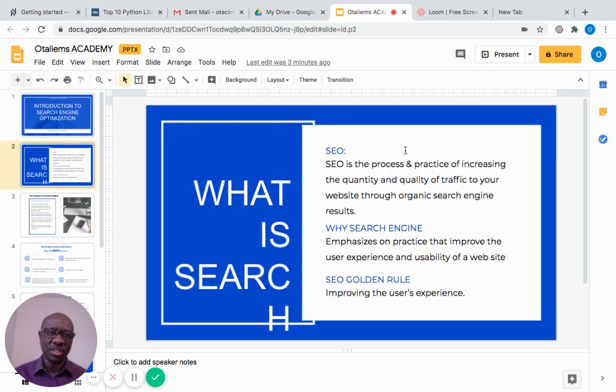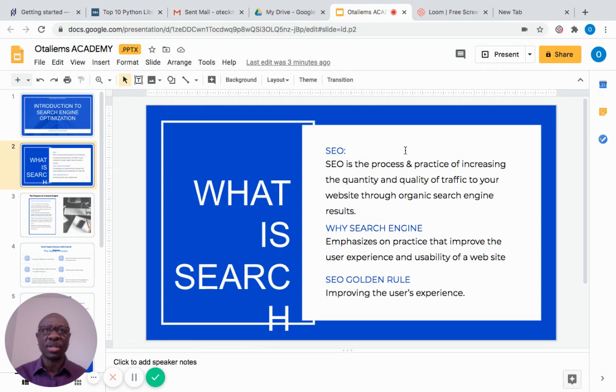What is search engine optimization? I'm going to start first of all by telling us what SEO means, because most of you might have heard about SEO, which is a popular term if you own a website, or you own a blog, or you are a vlogger. So SEO is the acronym for search engine optimization. Like I said, it is the science behind your visibility online, why Google will index your site.